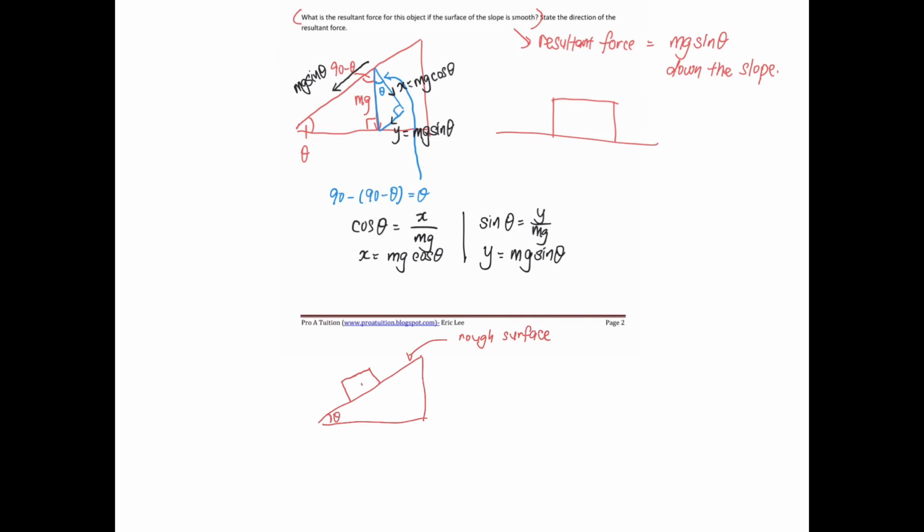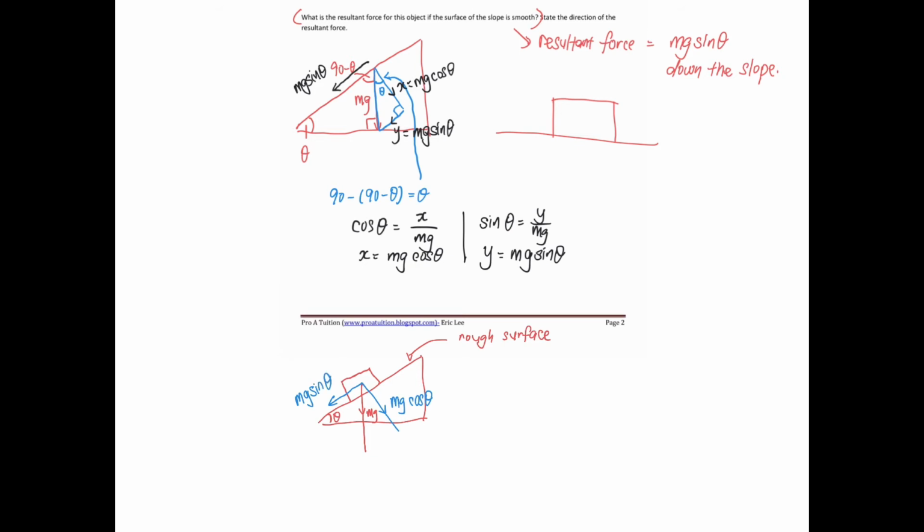Again, the object will have weight that acts downward, mg. If you remember the components, that will be good enough. This is going to be mg cos theta, and this is going to be mg sin theta. These are the components after resolution.